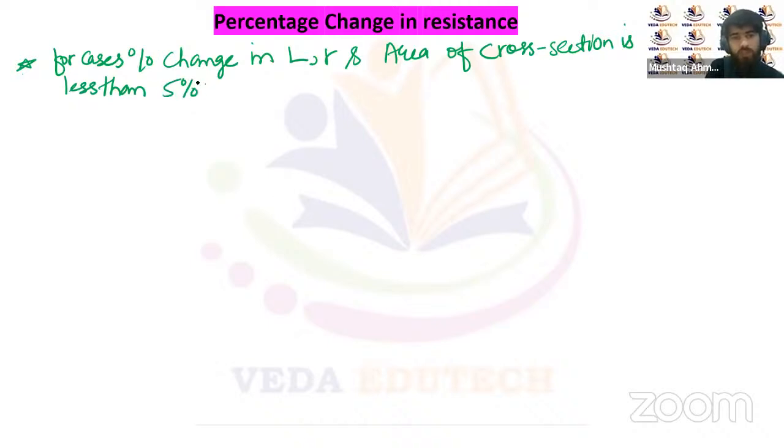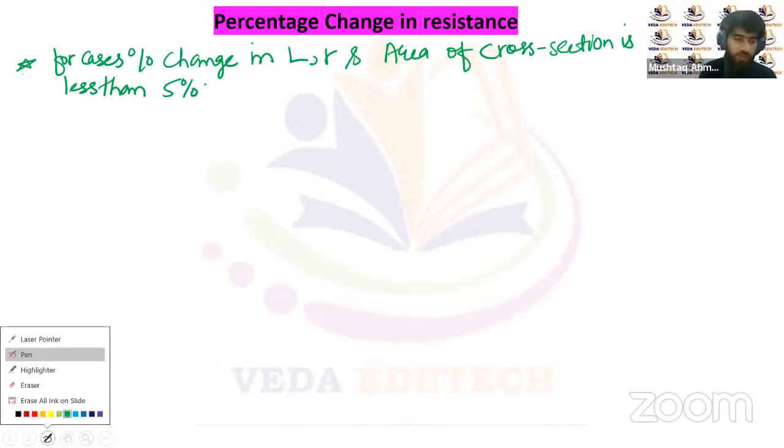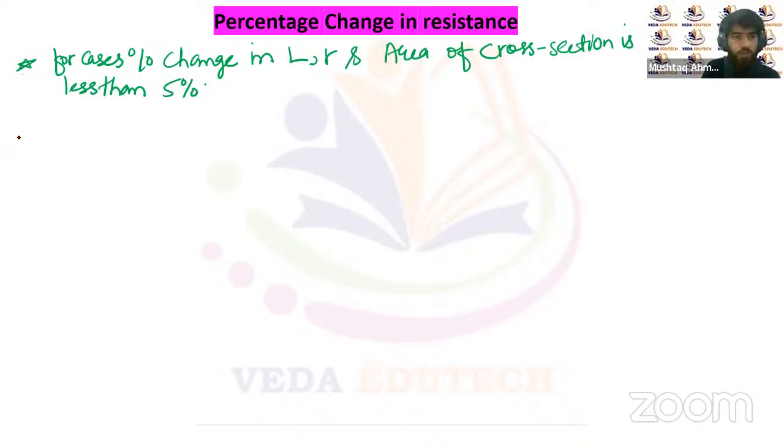We can use this equation, or even if it is close to 10%, we can still use this equation. But beyond 10%, we will not be using these equations for calculation of the percentage change in resistance, right?